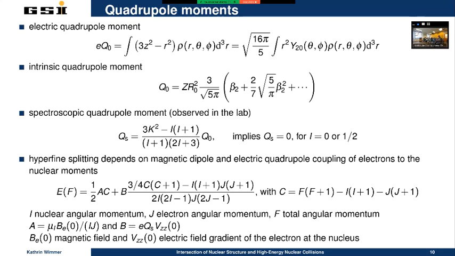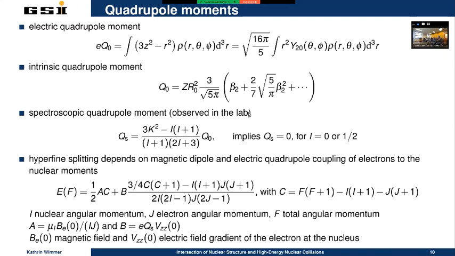The more complex observable is then the quadrupole moment, which has a very simple definition, just taken from the charge density. And if one writes this quadrupole moment in terms of this beta 2, in lowest order, the quadrupole moment is proportional to beta 2.